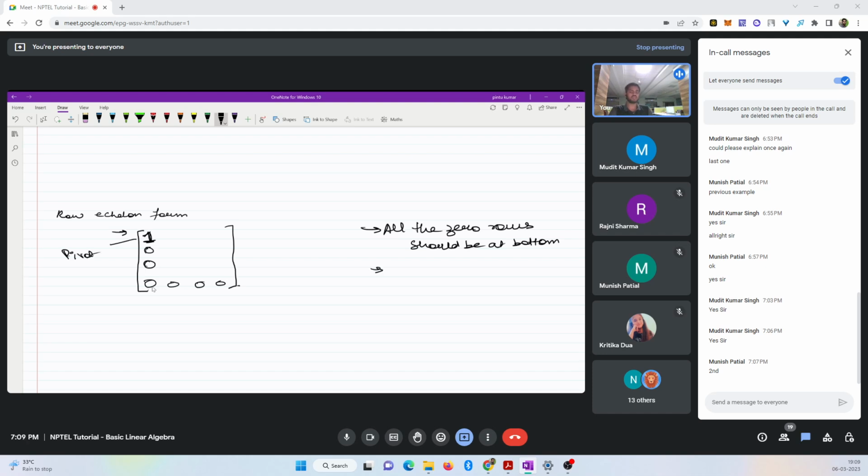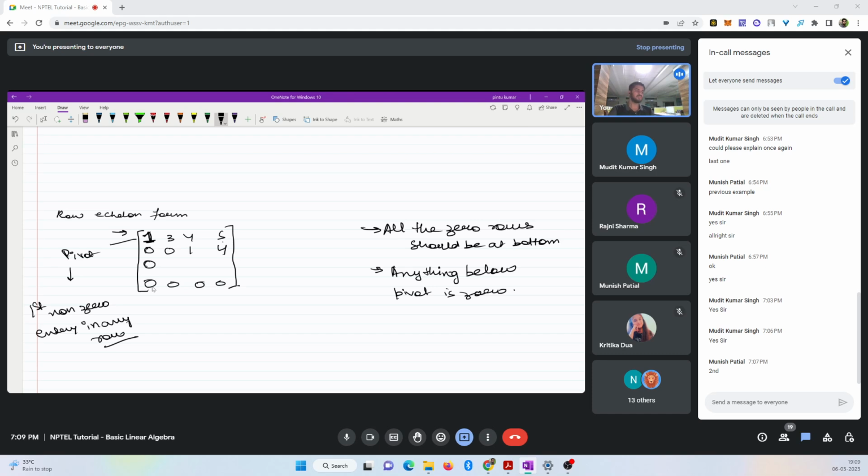The first non-zero entry in any row is known as the pivot element. So anything below the pivot element is 0. And here we can have any random entries, 3, 4, 5, let's say. Again, here also we can have 0, 1, 2.